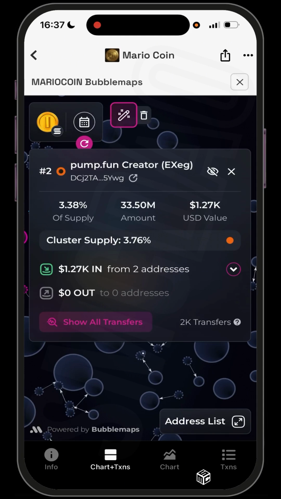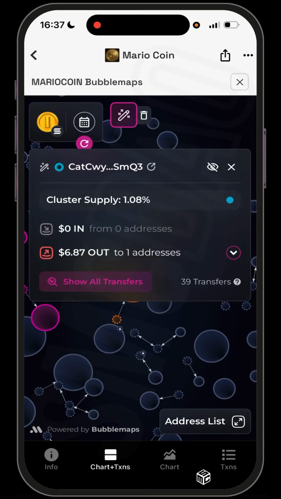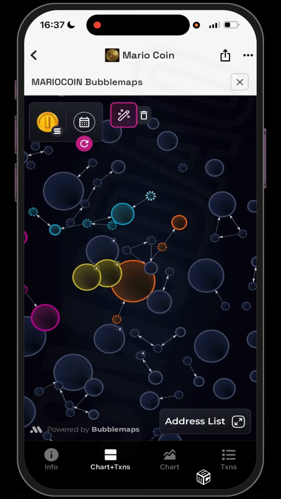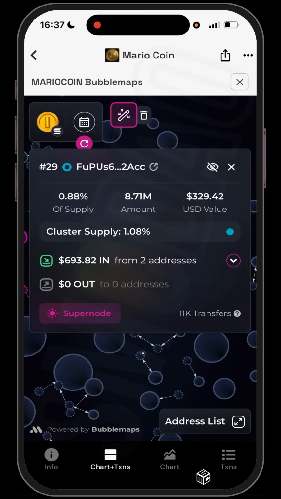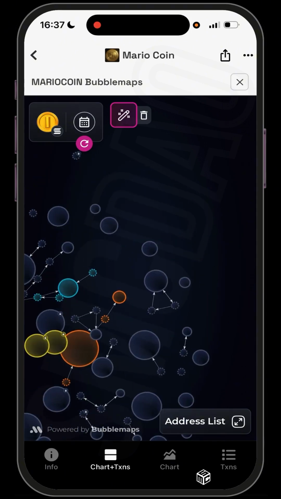Now, what you should note in Bubblemaps is a small wallet transferring to a big wallet, and you could see it sent 6.8 to one other address, which is this address. Bubblemaps will show you which address is linked to which address. You could spot a scam through Bubblemaps.